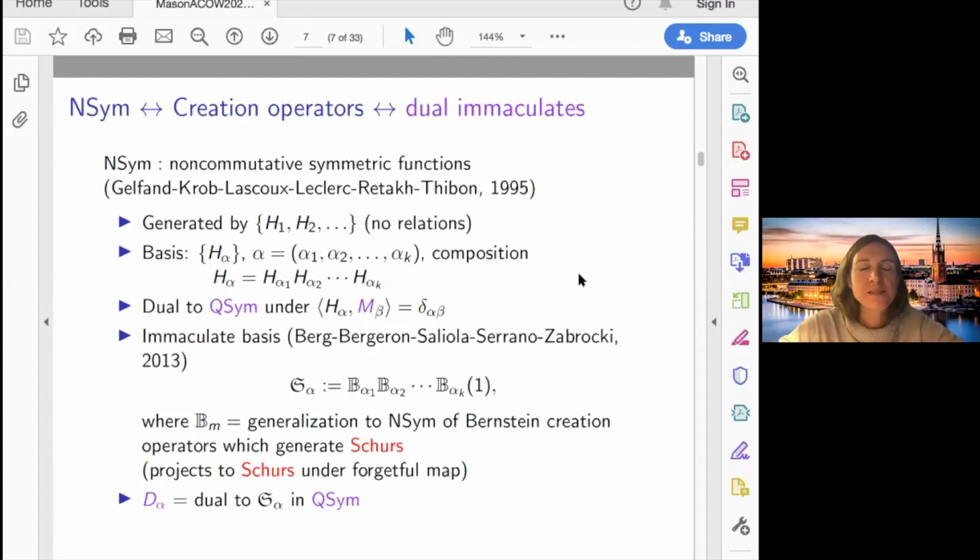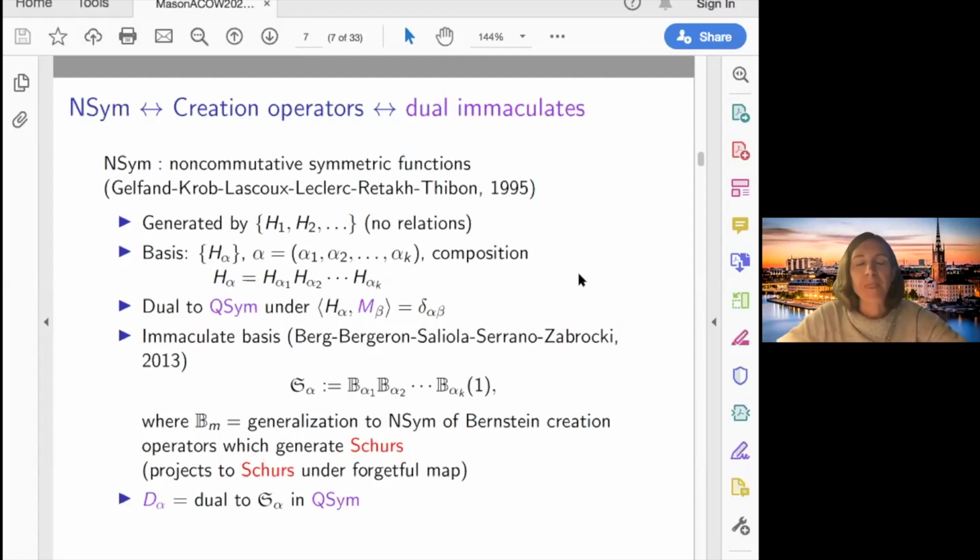So this space is generated by objects called the capital H's, and they're a multiplicative basis in the sense that when you take a composition, and these are compositions without zero, so strong compositions, H sub alpha is equal to H alpha 1 times H alpha 2, and so on. And as a Hopf algebra, NSym is dual to quasi-symmetric functions under the inner product under which the monomial quasi-symmetric functions are dual to the H's.